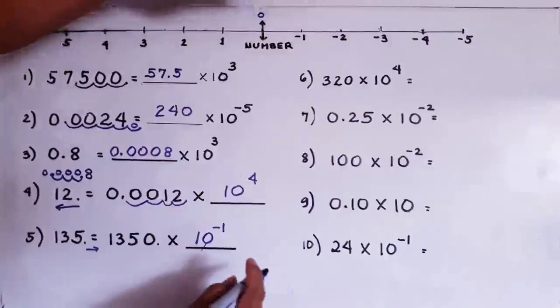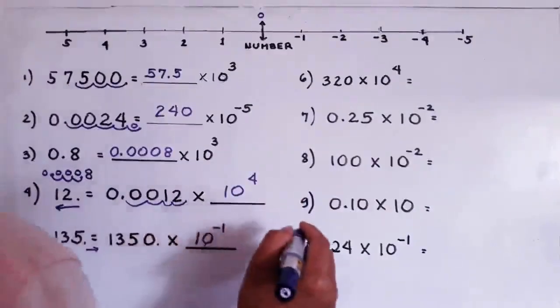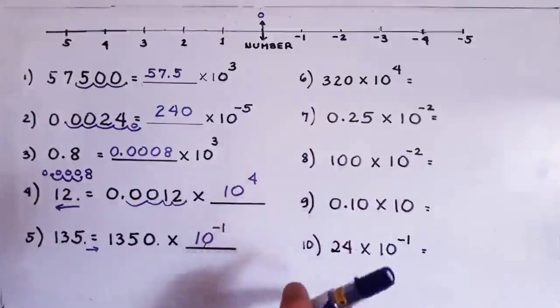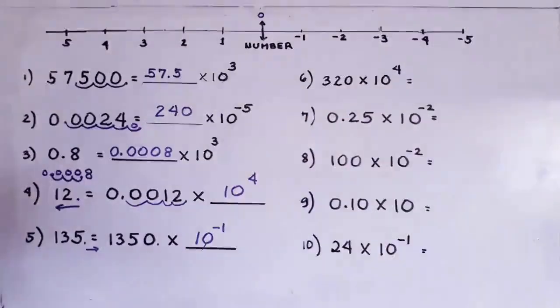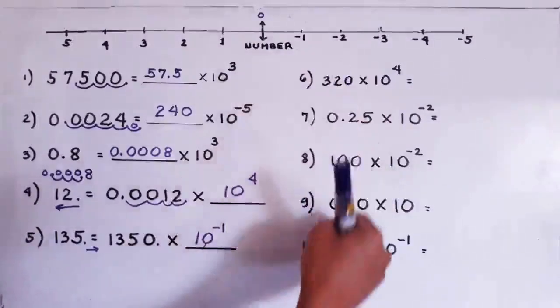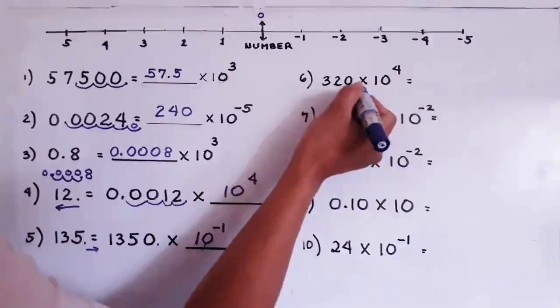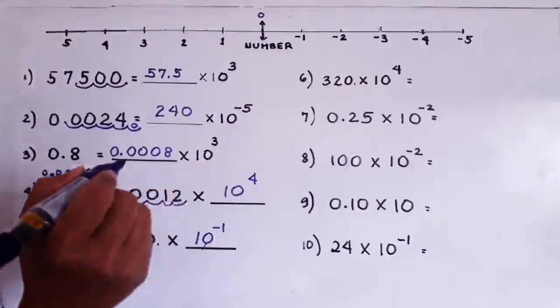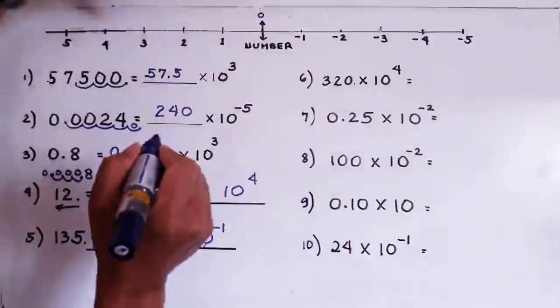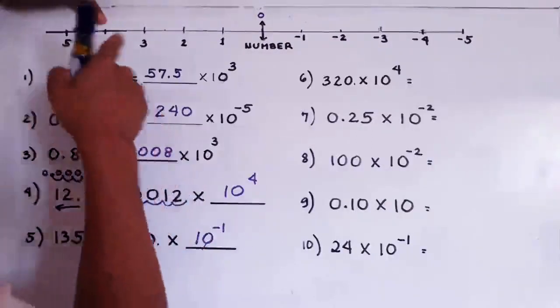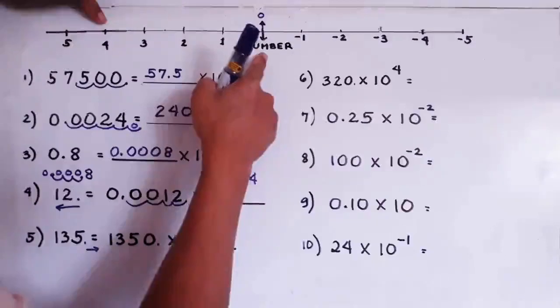Okay. Right, number 6. We have now our exponential notation, and we are going to find the ordinary numbers, and these are not in standard form. Locate the 320 exponent, it's there. Let's have the 4, this one is easier. Positive is here, and we are going there to the ordinary numbers.